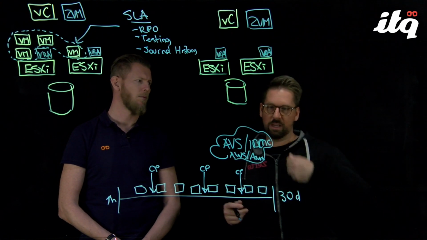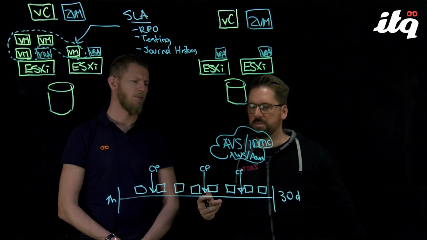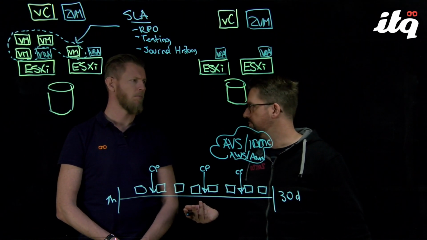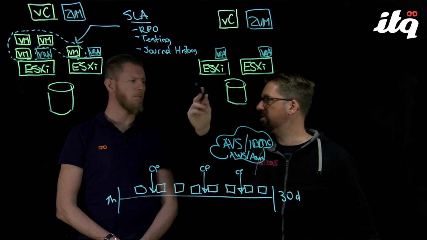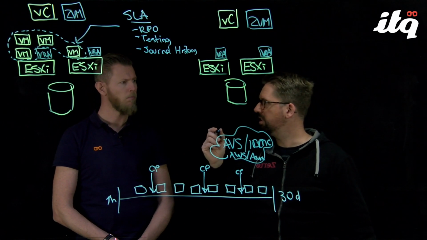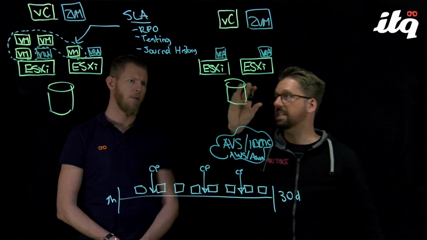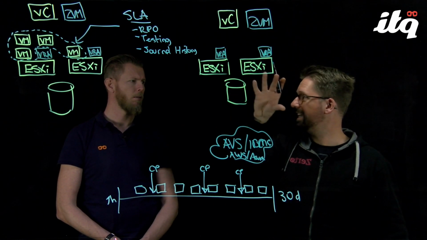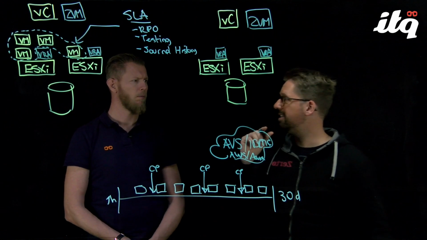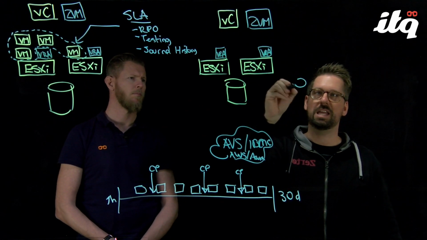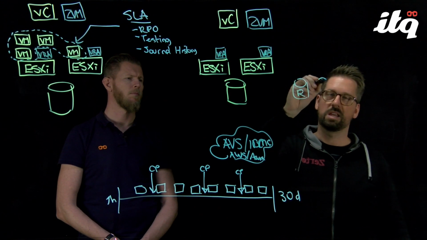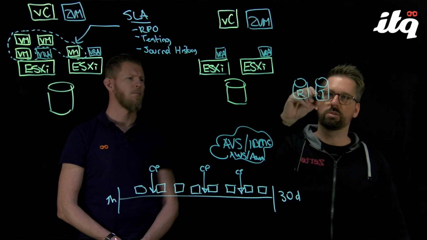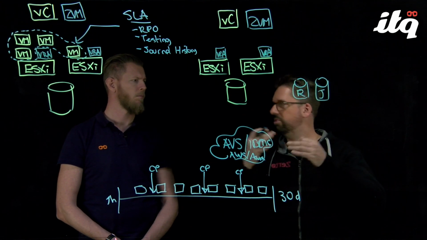So what we have integrated into the platform is what we call long-term retention. And long-term retention basically allows you, on top of the VPG, to configure a retention policy that takes the data as stored in the target site from the replica disk and the journal. So every disk has a replica and every VM has a journal. And together they are the truth.